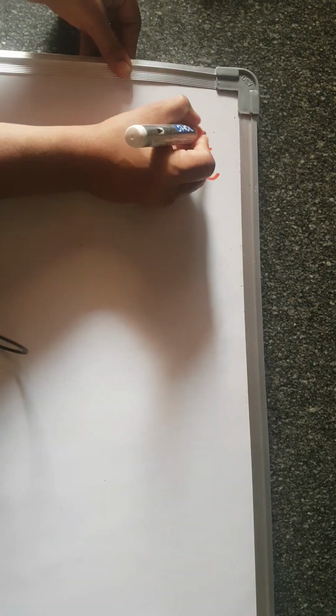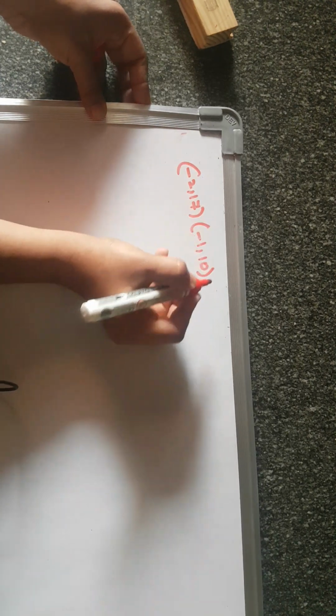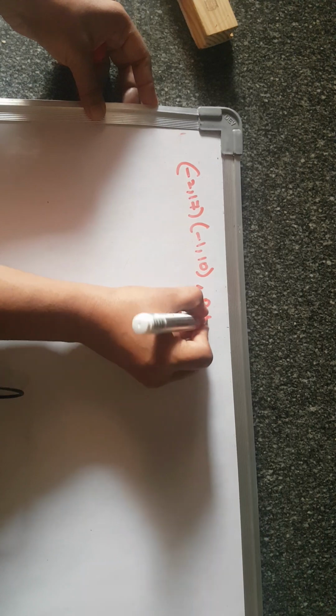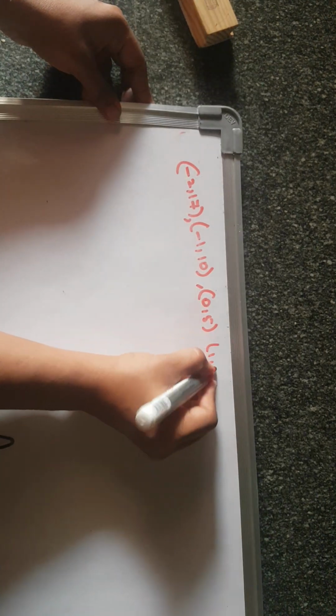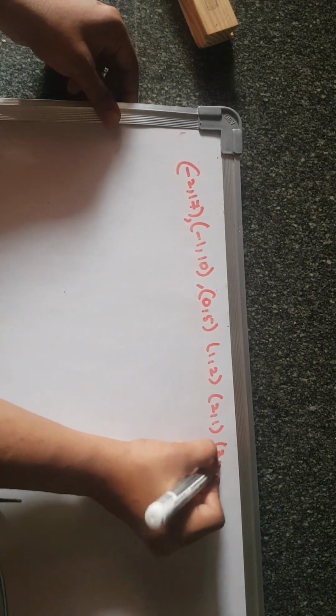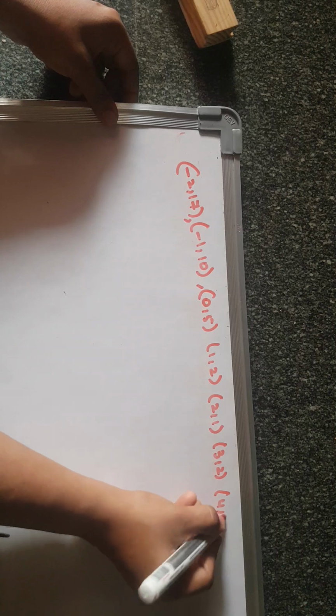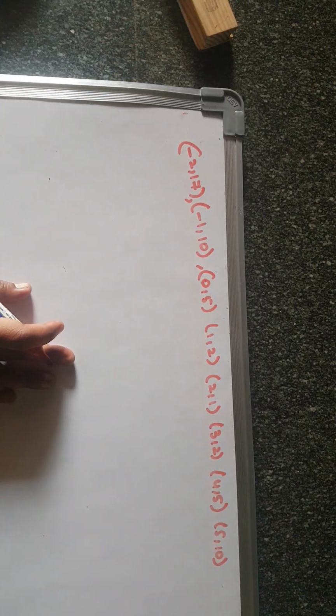What are the values we got? Minus 2 comma 17, minus 1 comma 10, 0 comma 5, 1 comma 2, 2 comma 1, 3 comma 2, 4 comma 5, and 5 comma 10. These are the values that we got.